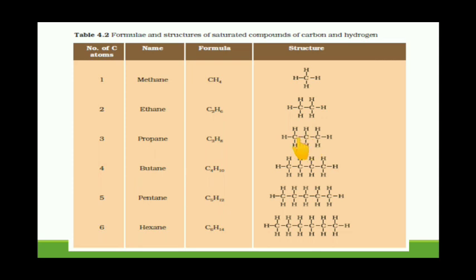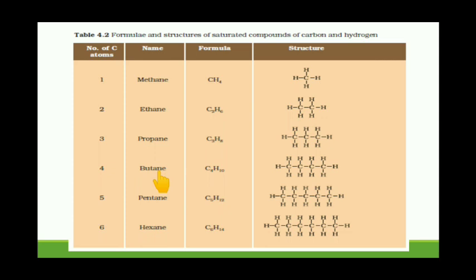So these 3 carbon atoms are surrounded by 8 hydrogen atoms. So its formula is C3H8. Now, if the hydrocarbon has 4 carbon atoms in it, then the prefix will be but. And as it belongs to the saturated hydrocarbon, the suffix will be ane. So the carbon compound is butane.